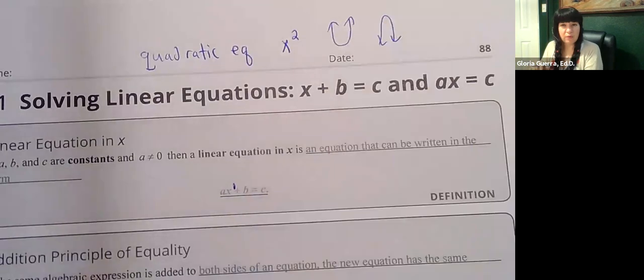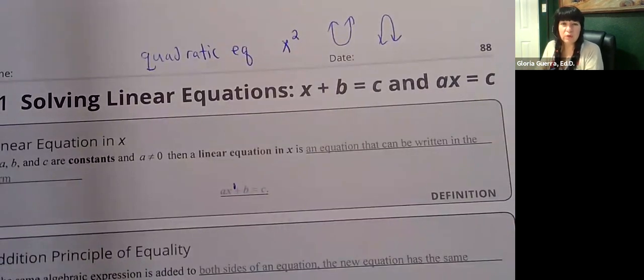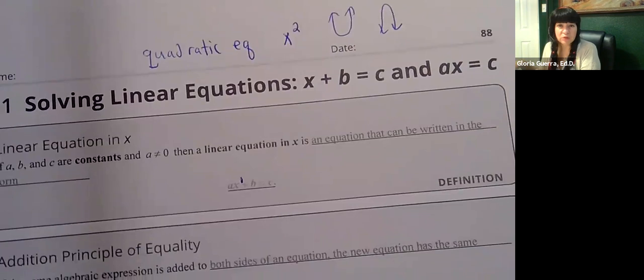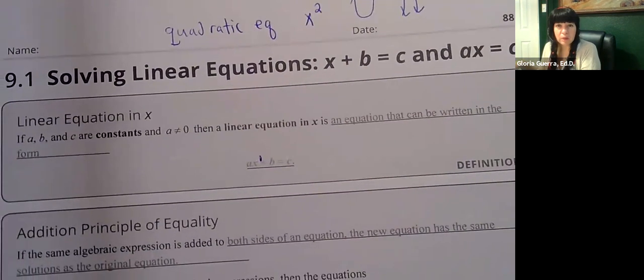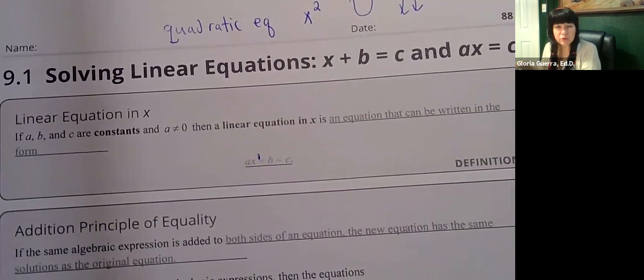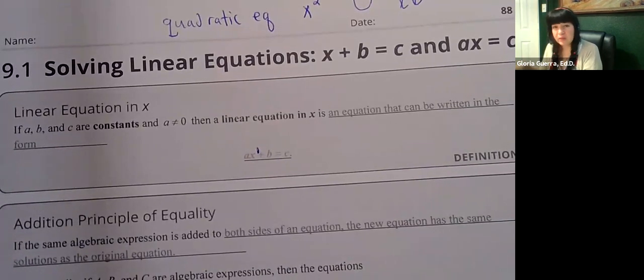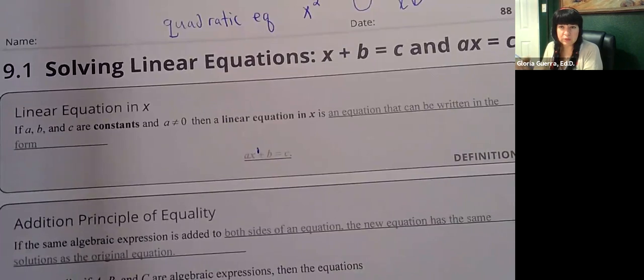So we won't be graphing those. We won't be solving quadratics. And if you have to take intermediate algebra, you will do that. And if you have to take the STEM courses, you will be doing that. But for our elementary algebra, we're just working with x to the first power, and we'll just be graphing lines for the next test 3.